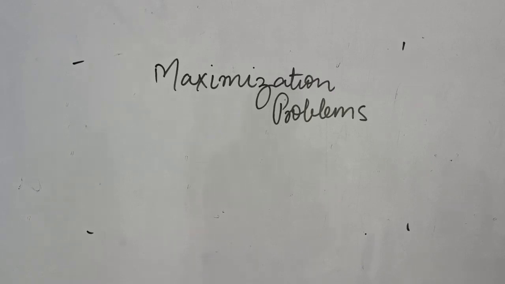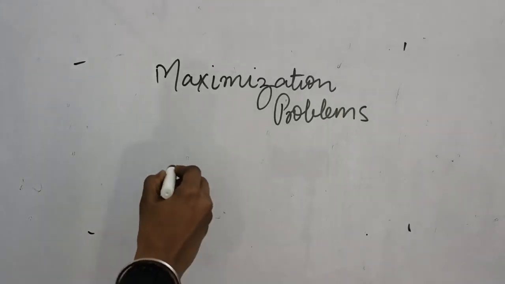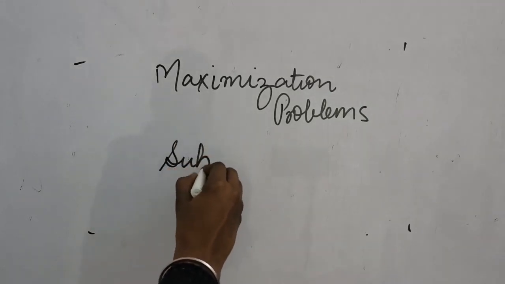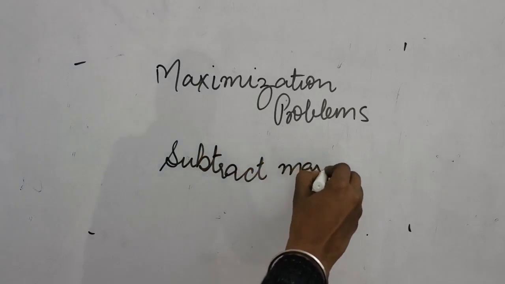The process of solving a maximization problem is more or less the same as what we have done in minimization. Just one thing you have to do is take the maximum element out of the entire matrix and subtract all the elements of the matrix from that maximum element.